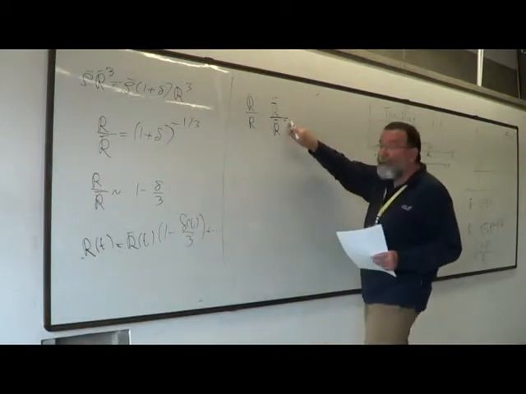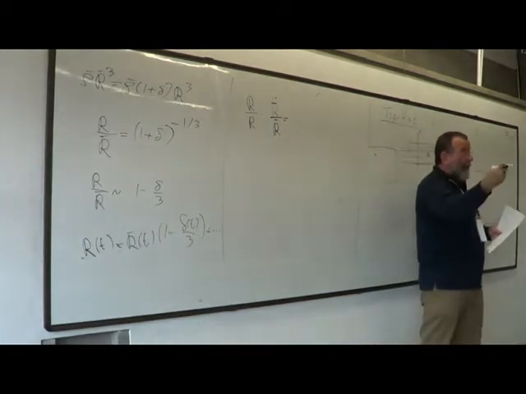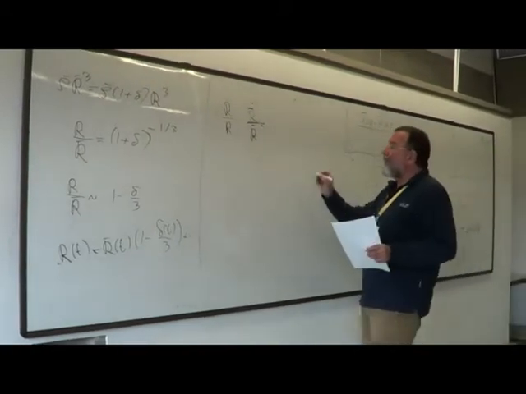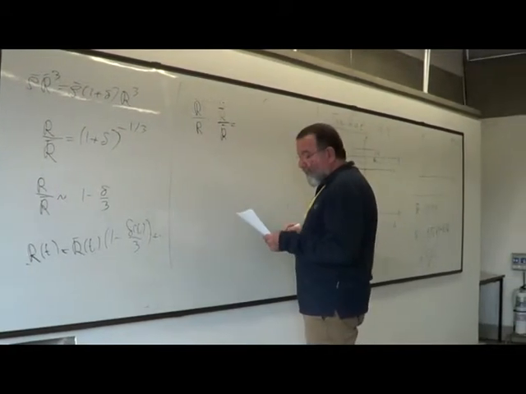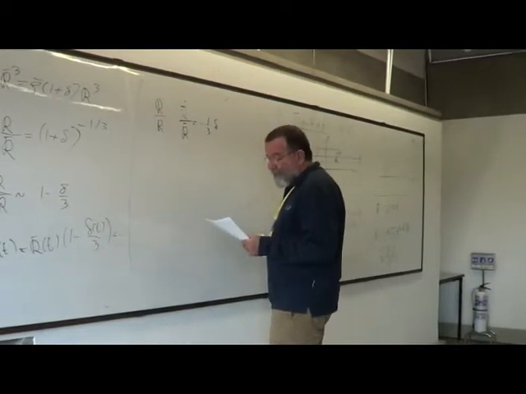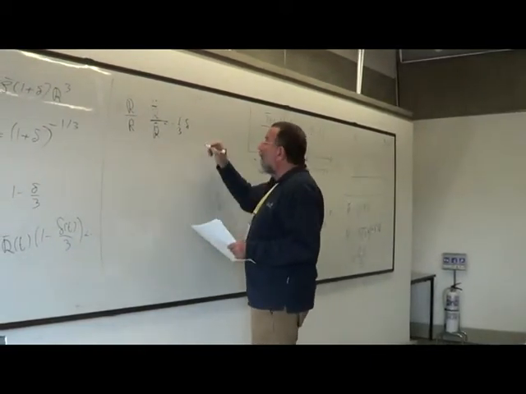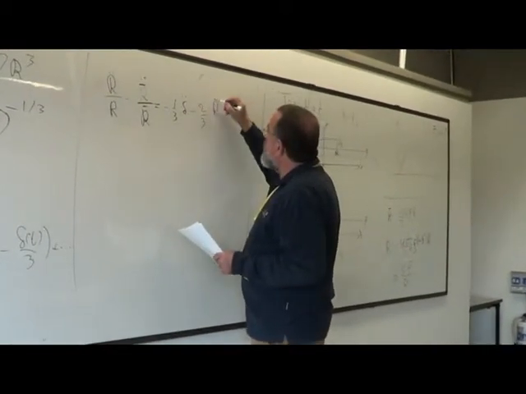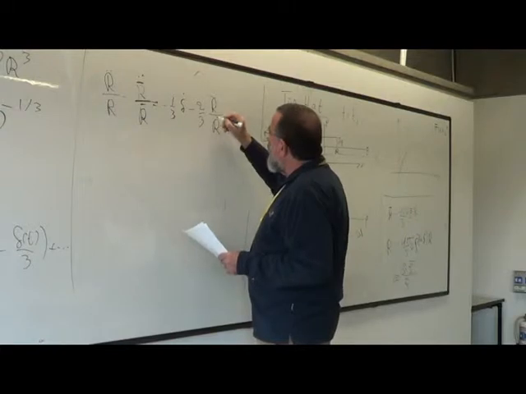I'm writing it as equal, but it's equal only after linearization, okay? So that's equal to minus a third times delta double dot, minus 2/3 times R bar dot divided by R bar.